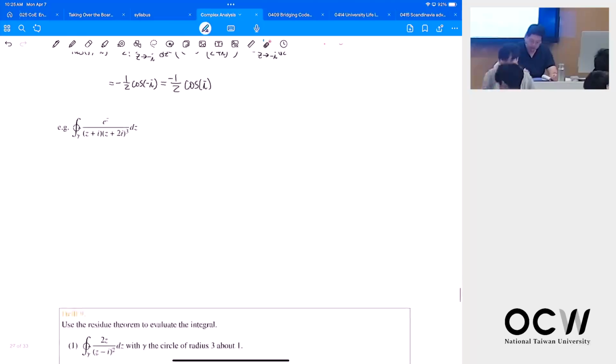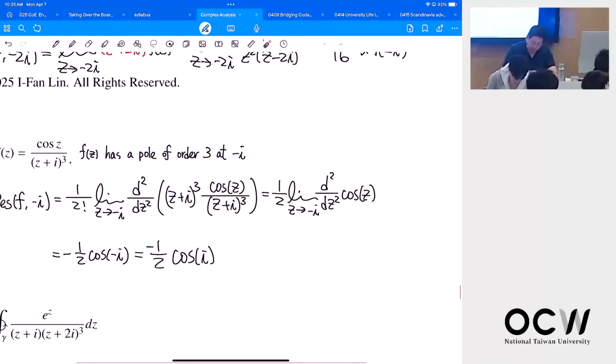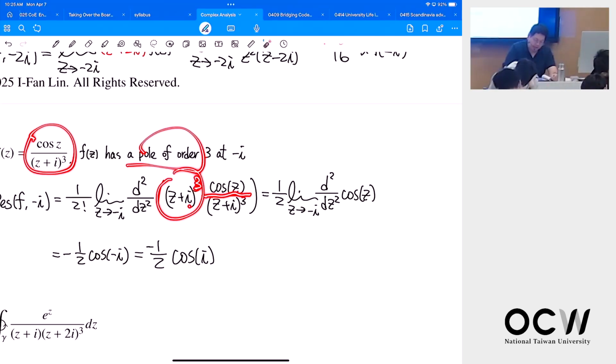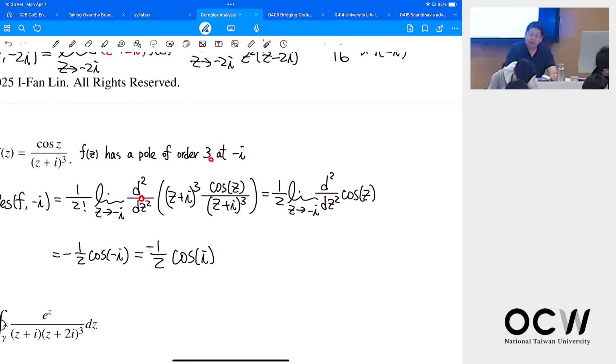That's why here, as it is a pole of order 3, I multiply by z plus i cubed, and because this is my f of z, I can cancel this. Once I cancel that, for a pole of order m, you take 1 over m minus 1 factorial, and you take the derivative m minus 1 times.